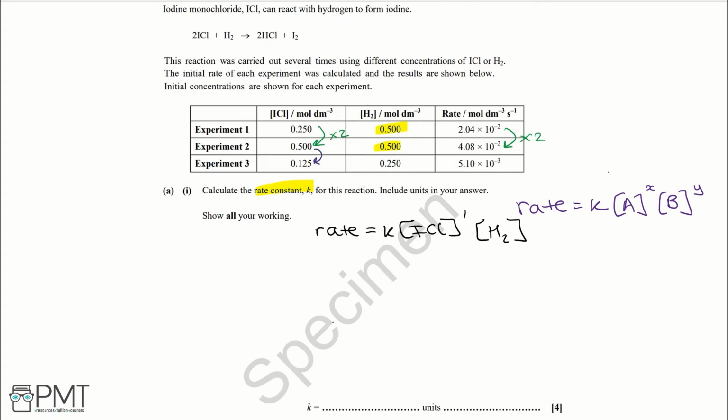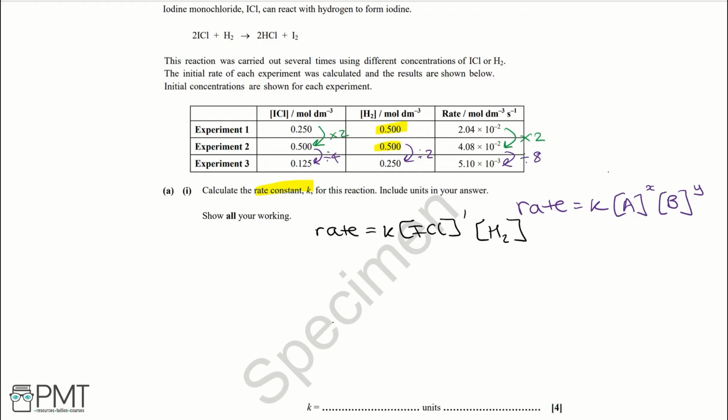So here in experiments 2 to 3, we've divided ICl by 4, and we have divided H2 by 2, and the rate is then divided by 8. We can use this information and the fact that ICl is first order to work out the order with respect to H2.